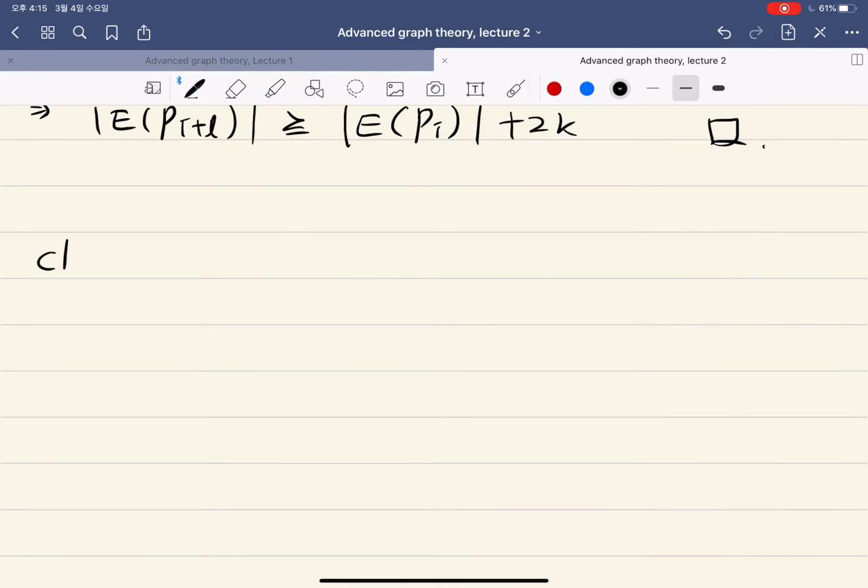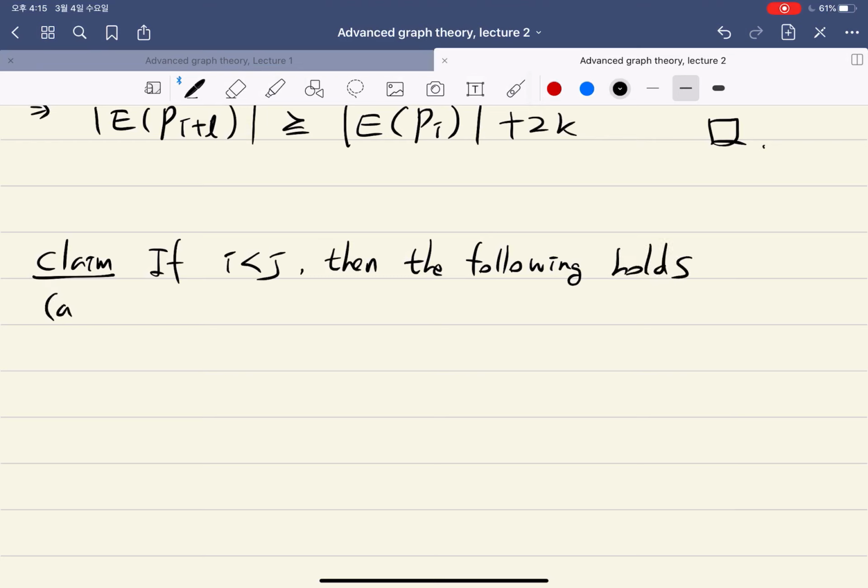So from this claim, we can actually show our desired claim. So first, A: we can show that Pj is bigger than or equal to Pi, if j is bigger than i.